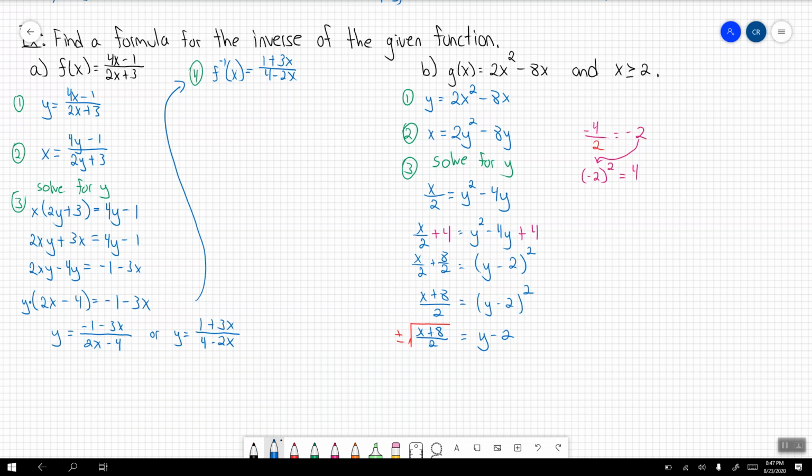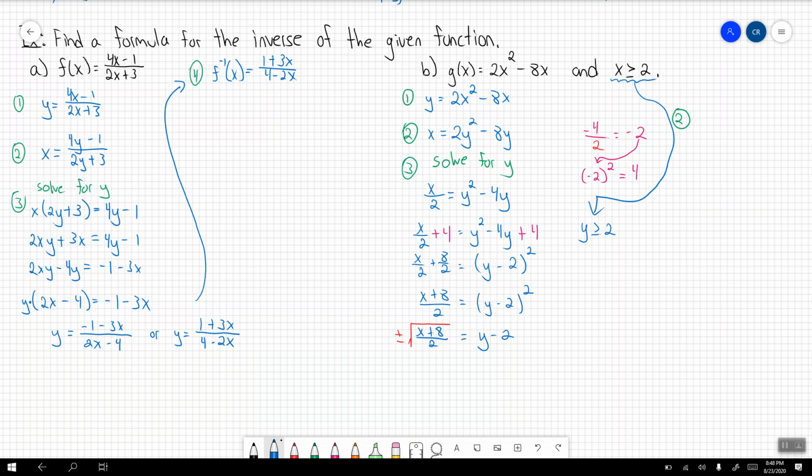This initial restriction coming down under step number 2, where we interchanged, now becomes that y needs to be greater than or equal to 2.